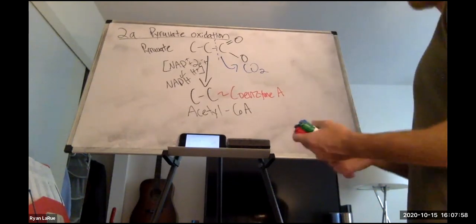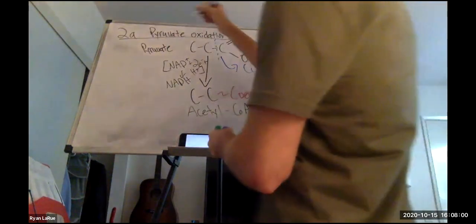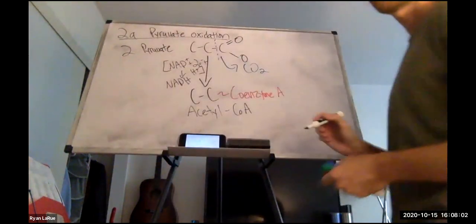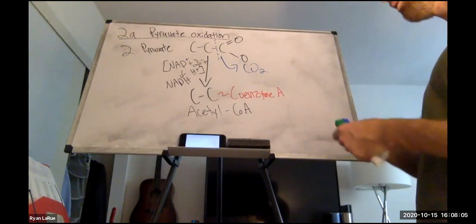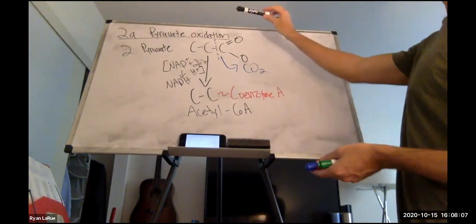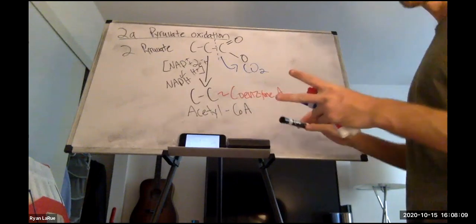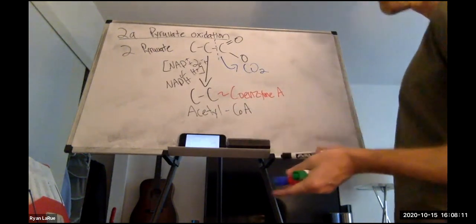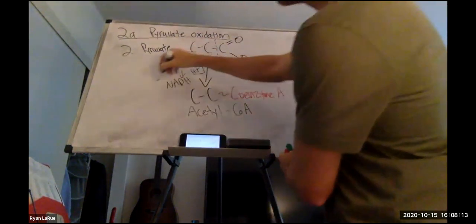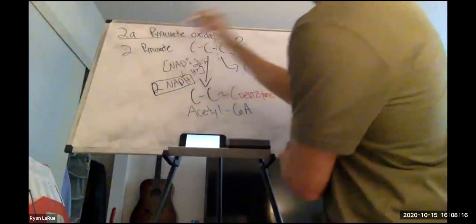But I mentioned, of course, and we know we ended up with 2 pyruvates after glycolysis. So, of course, this means this process happens 2 times. And if it happens 2 times, we're going to make 2 NADHs, right?